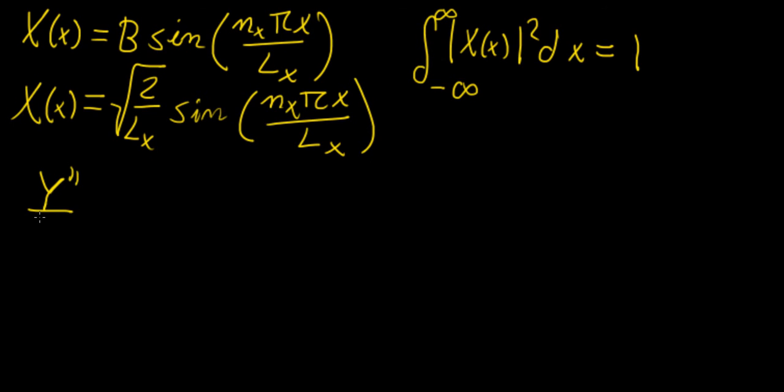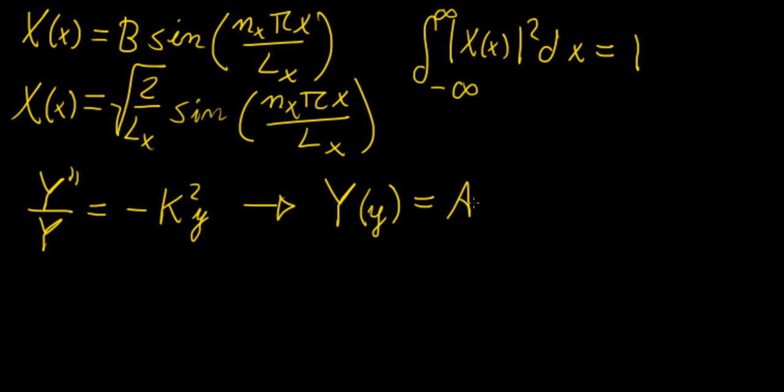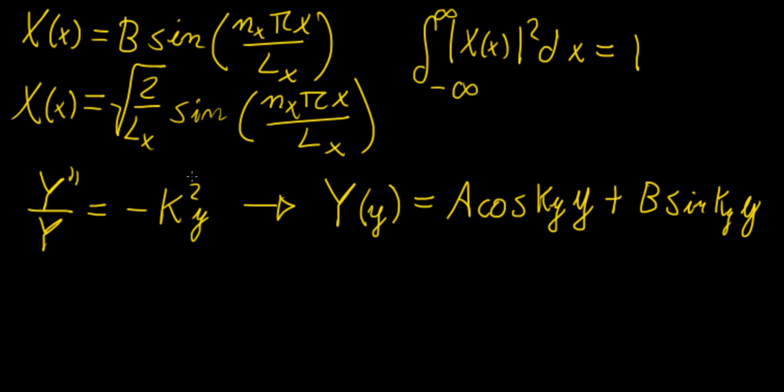We can have the differential equation with minus k squared of y. This is going to give us the solution Y of y equals A cos ky y plus B sine of ky y. Because the boundary conditions are pretty much the same for y as we had before, Y should have the following solution.